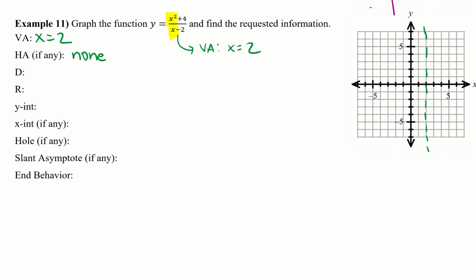So what about a slant asymptote? This one will have a slant asymptote, and that is because I've got 1 degree higher on the numerator than the denominator. I'm going to use synthetic division. Be careful to insert a 0 for the linear term. Make sure that any skipped powers of x are represented.